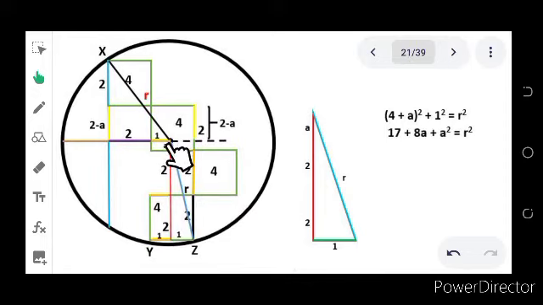Then these three here are equal, which is 1 unit. Therefore, this is also 1 unit.